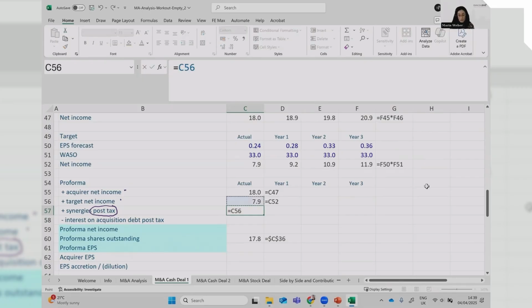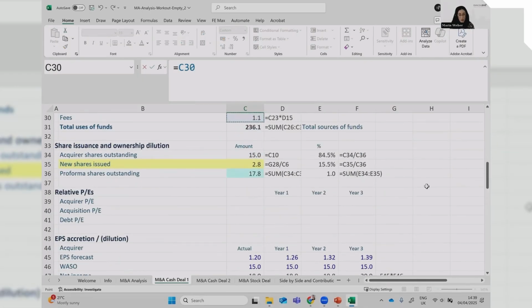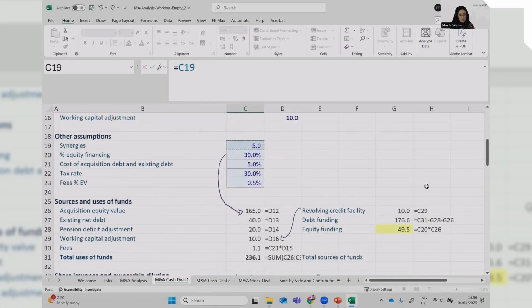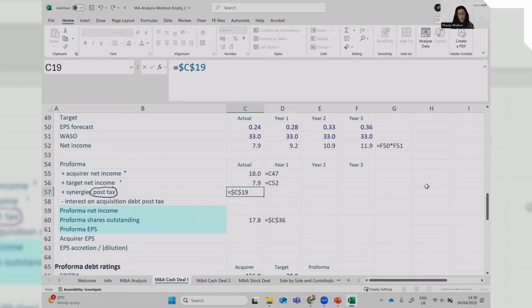Now I've got this assumption for synergies. Up at the top here, we are assuming that synergies are going to be $5 million per year. So that $5 million I want to lock onto. So I'm pressing F4, but that's the synergies before tax. I want the after-tax synergies, so I multiply by 1 minus the tax rate.